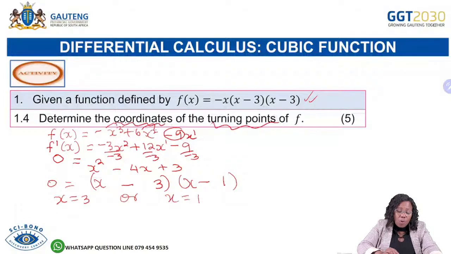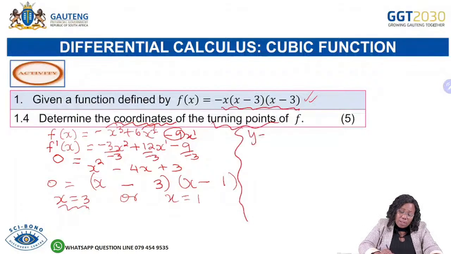Remember, they need coordinates of the turning point. They need both x and y. So we are going to substitute the first x value, x equal to 3, into the original equation. When you do so, we will be looking for the y value for that particular function. So y is equal to minus x, into x minus 3, squared.